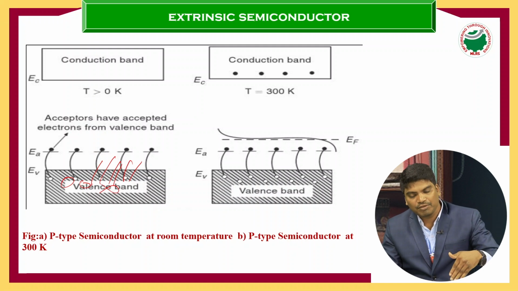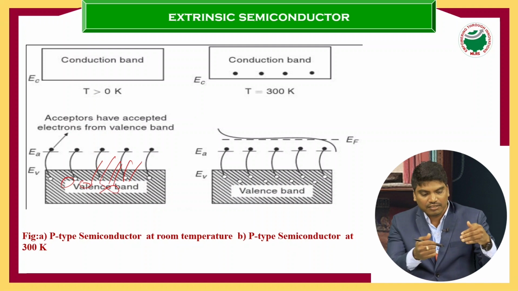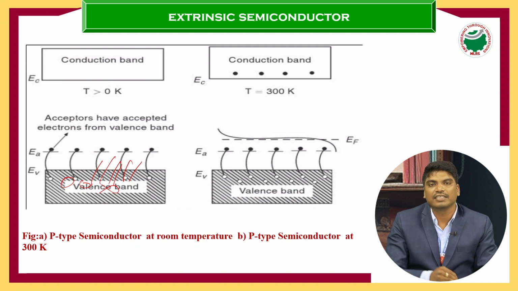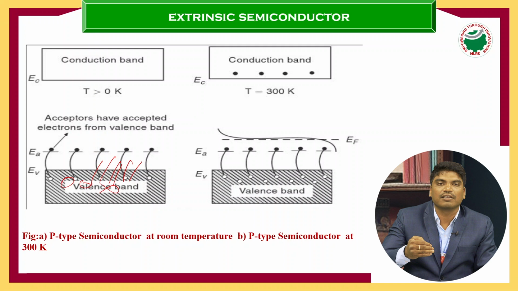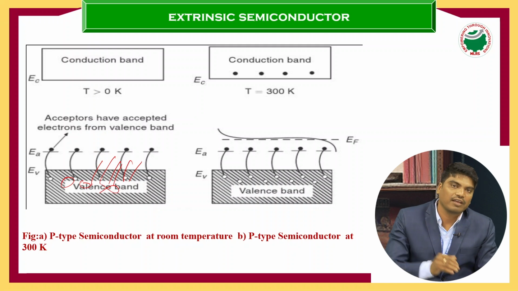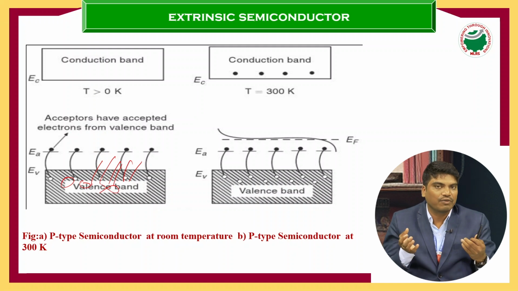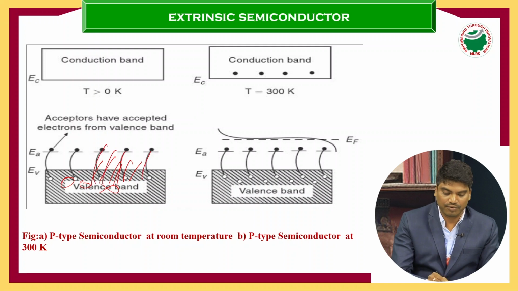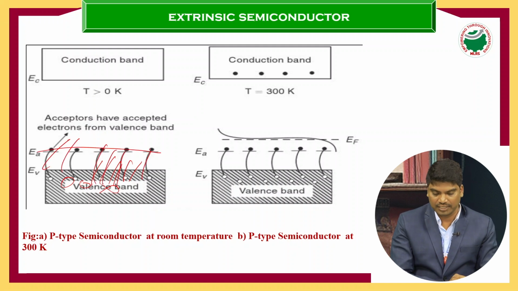But now the vacancies are just in front of my room. When I give a little amount of energy, these electrons simply jump from the valency band to the acceptor energy level. That means they are ready to accept.